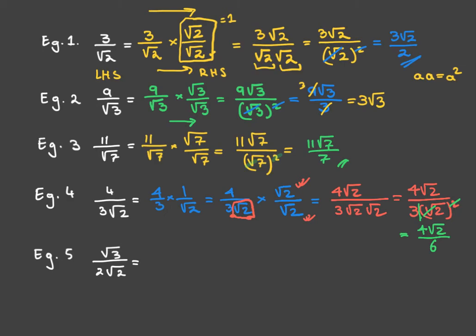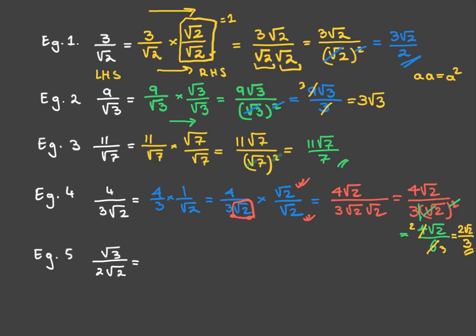So we divide both by 2. Cross by 2, we're left with 2. Cross by 2, we're left with 3. And this is the final answer.